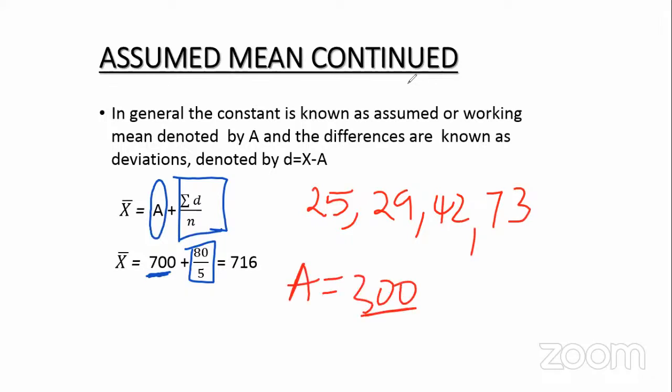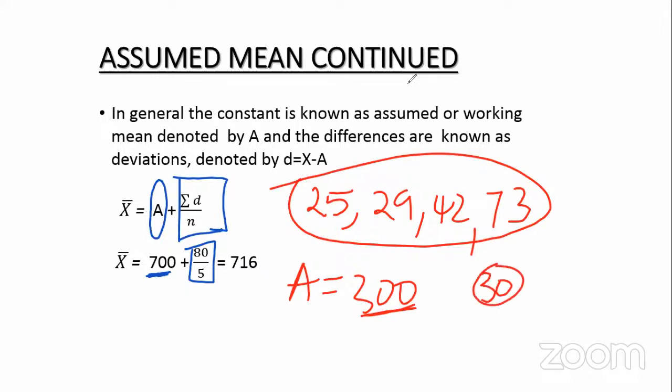This is not logical, because even in the numbers that I have here, there is no 300. But if I assume the assumed mean here is 30, that makes a lot of sense, because 30 will leave me with 5, 1, 12, and 43 to work out as the mean of what is above the assumed mean.